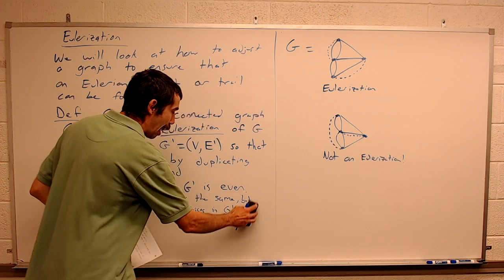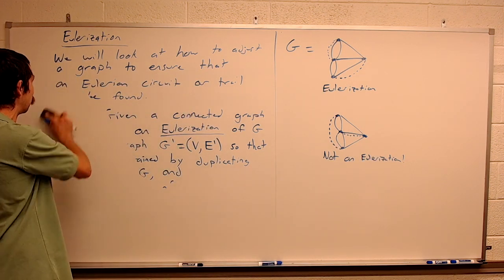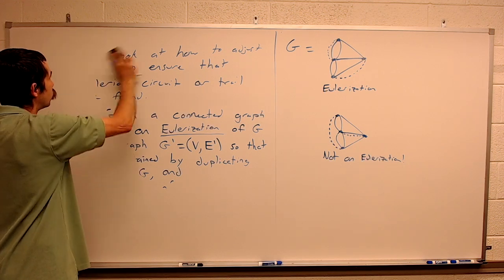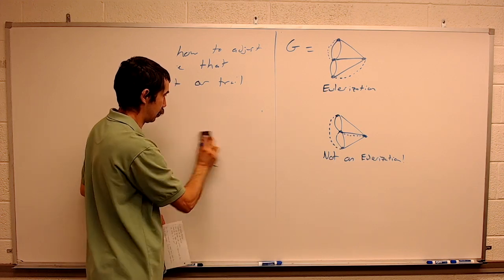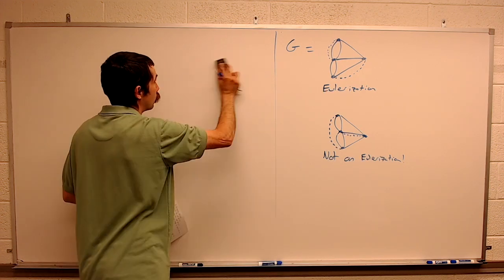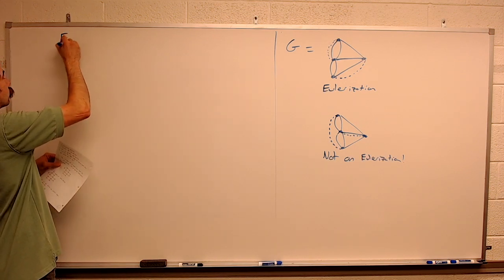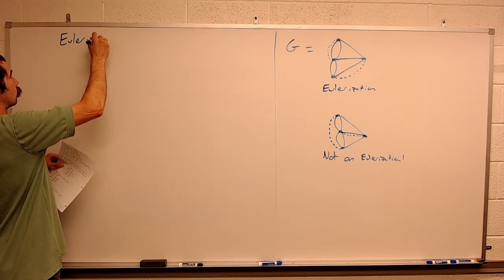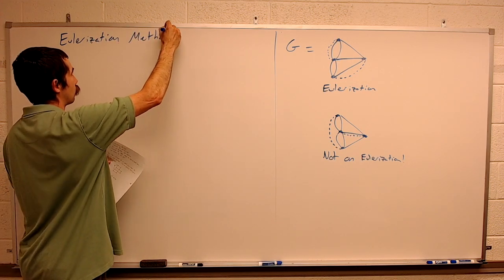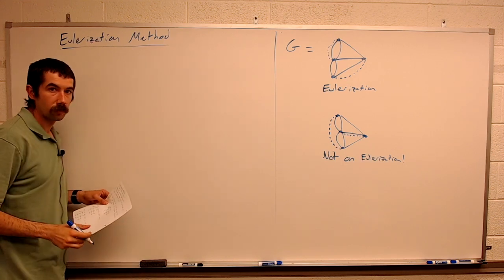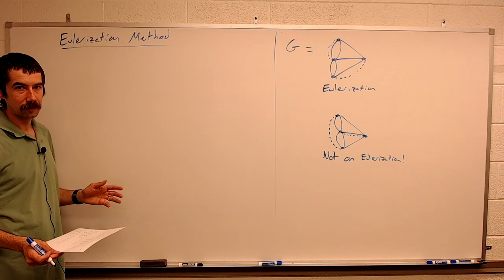Okay, so let's talk about how to Eulerize a graph. Guessing and checking is not really a great strategy in general, so we're going to have some techniques. This is very simple.